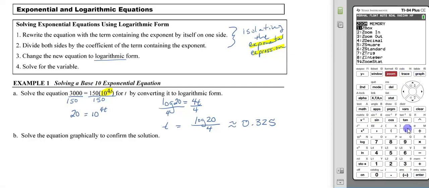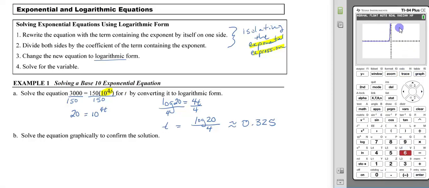Just a standard zoom is not going to give me the graph for the second equation. It's y equals 3000, quite a ways up there. So we can do a zoom fit, and then you'll see that horizontal line. Alright, now we'll go second, calculate, intersection, enter, enter, enter, and we get about 3.325.